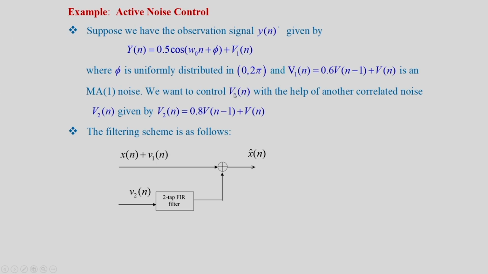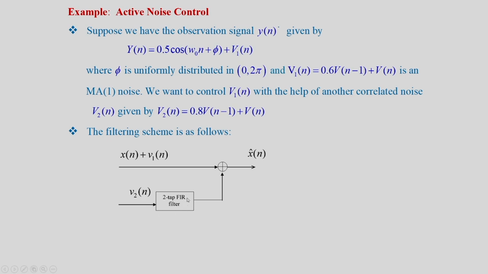We want to control v1 n with the help of another correlated noise v2 n, which is given by v2 n is equal to 0.8 v n minus 1 plus v n. v2 n and v1 n are correlated noise. Now, using the two-step FIR Wiener filter, we will try to estimate v1 n from this input, because they are correlated.